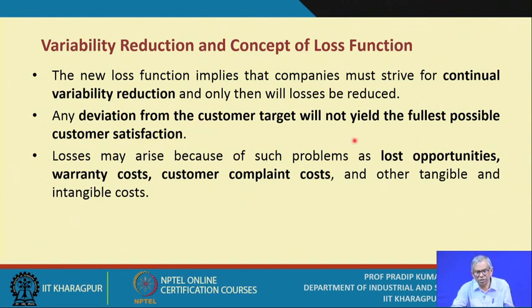Any deviation from the customer target will not yield the fullest possible customer satisfaction. Losses may arise. There are many examples of losses, like lost opportunities, warranty costs, customer complaint costs, and other tangible and intangible costs.